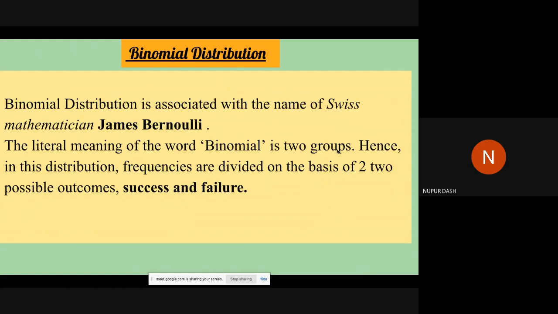Hence, in this distribution, frequencies are divided on the basis of two possible outcomes. Means, in all the questions based on the binomial distribution, you will have only two possible outcomes. One would be success and one would be failure.